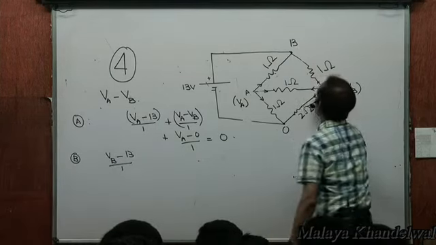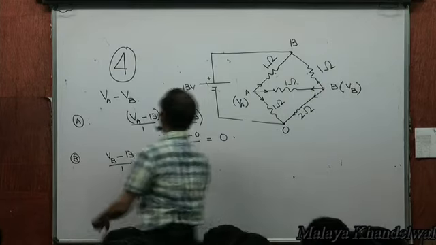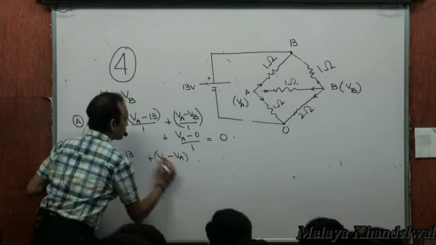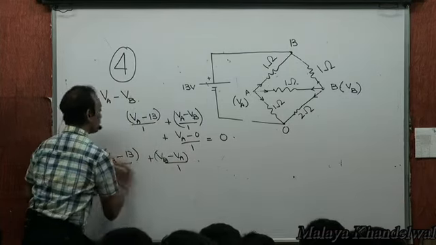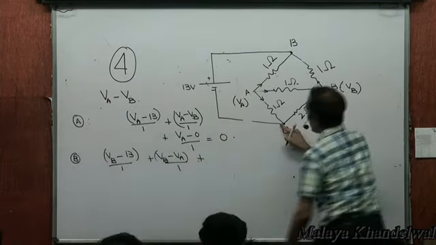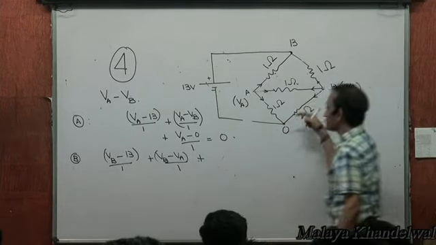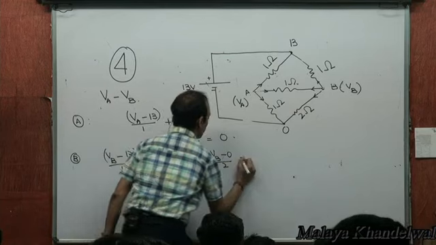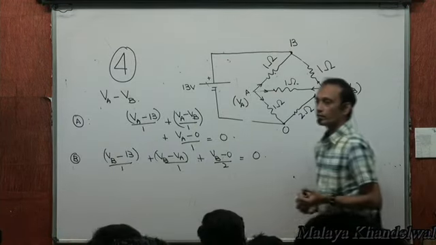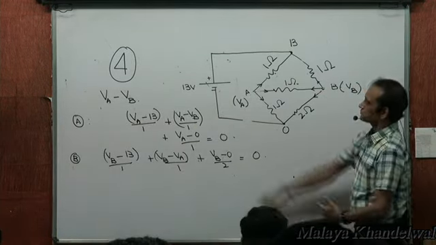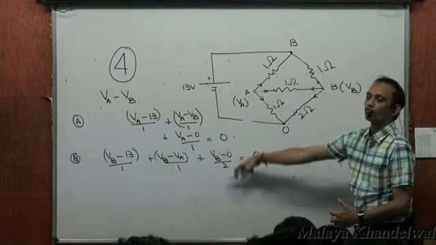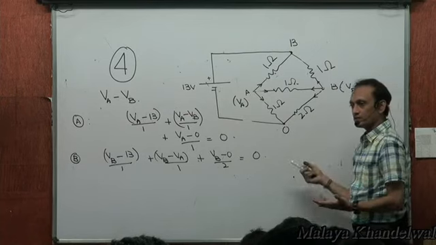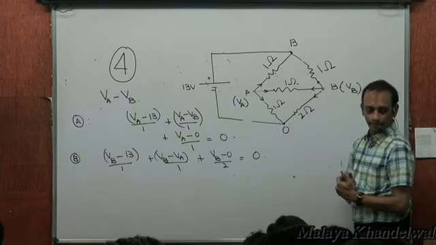This current, VB minus VA by 1, plus VB minus 0 by 2. Two equations, two unknowns. You can solve for VA and VB and therefore find VA minus VB. Got me?